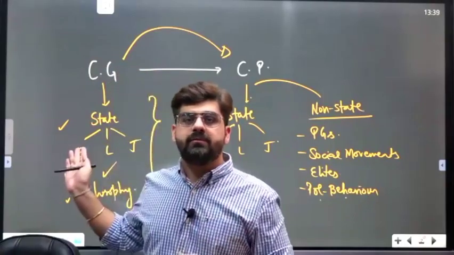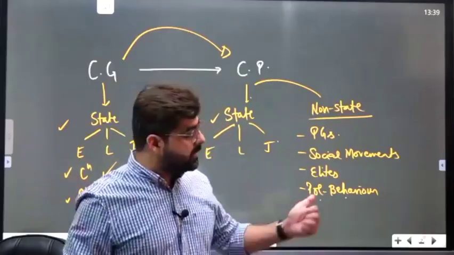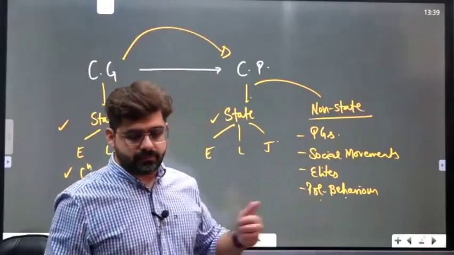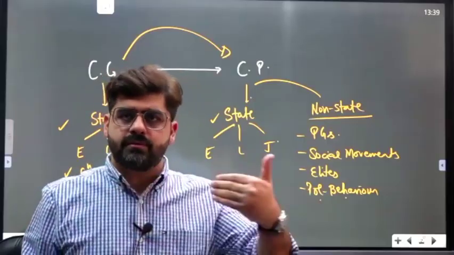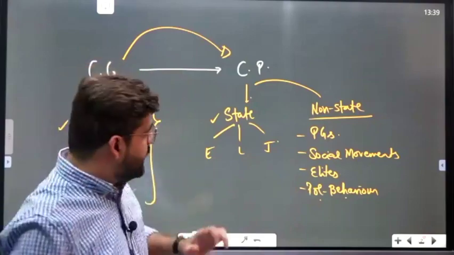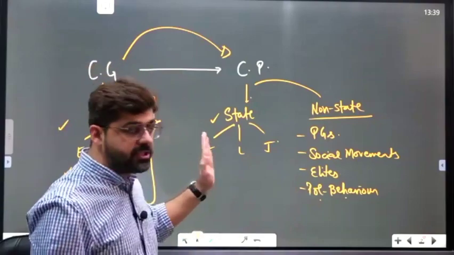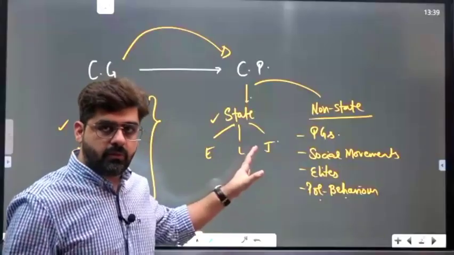Here, we will not worry about this. We would worry about structures. Here, we worry about actors also. Okay. So, this is just an introduction to how we have transitioned from comparative governments to comparative politics. And this discipline, which is our major area of study, has emerged only after Second World War.